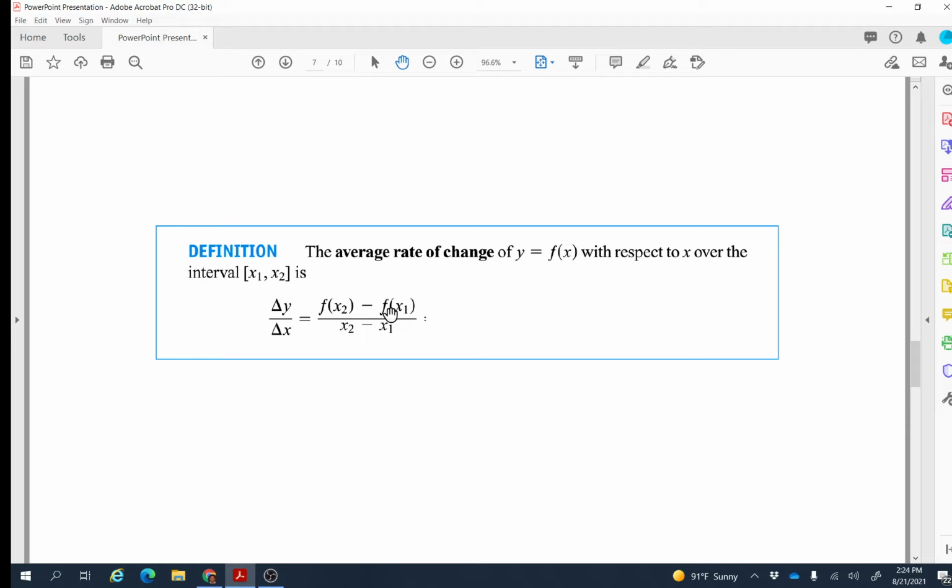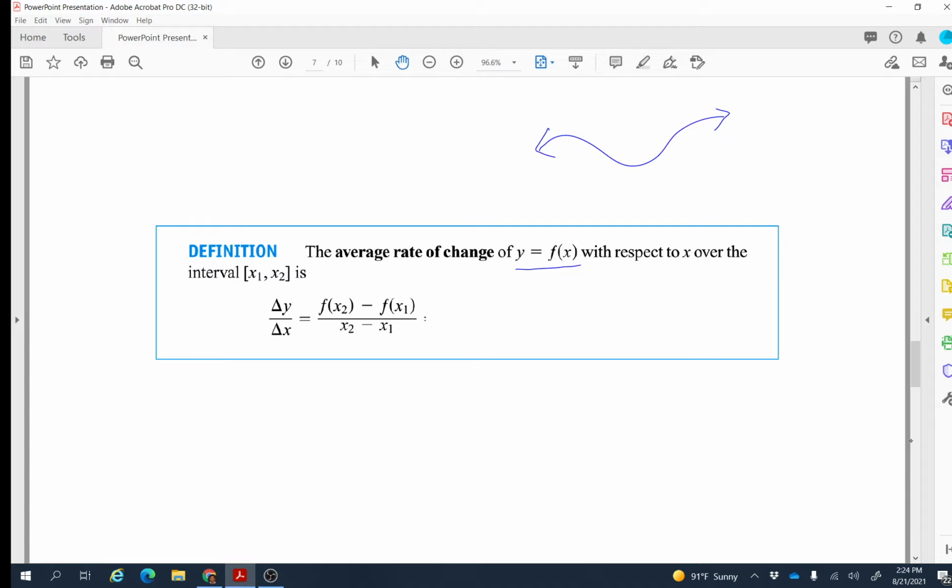So this is y2 minus y1 over x2 minus x1. So basically you can find the average rate of change of any function f of x using this formula. So that gives you the average rate of change.